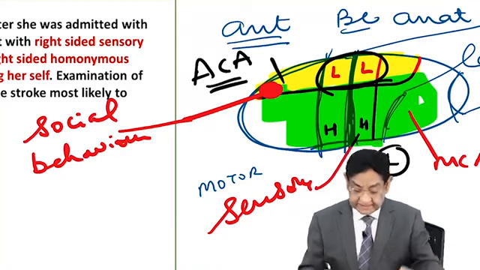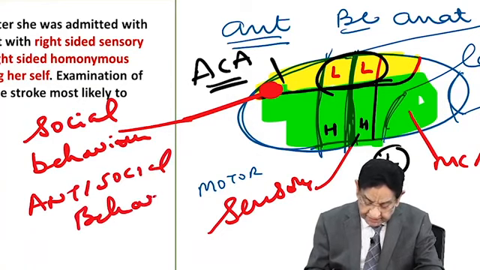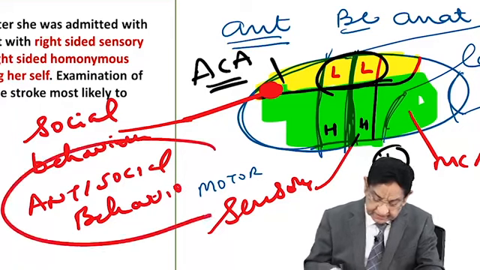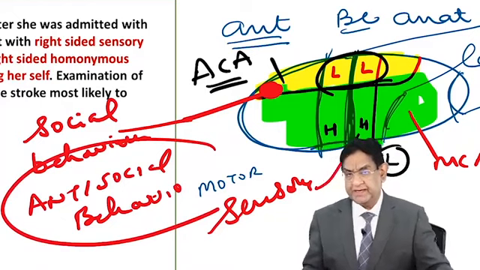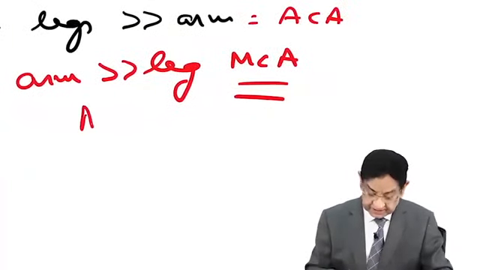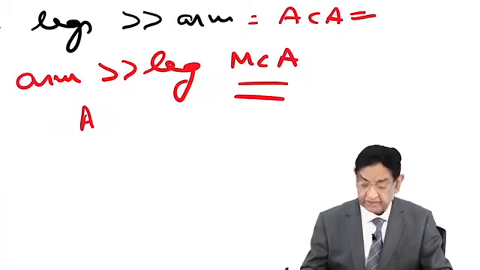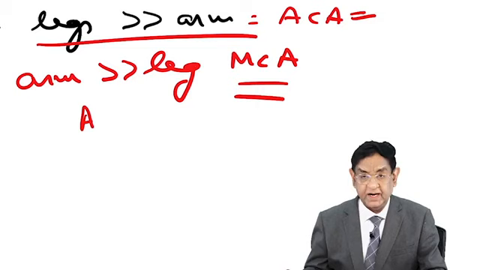The patient has antisocial behavior. If you get this line, that there is antisocial behavior, you are dealing with anterior cerebral artery infarction. Of course, leg weakness is more than arm weakness.